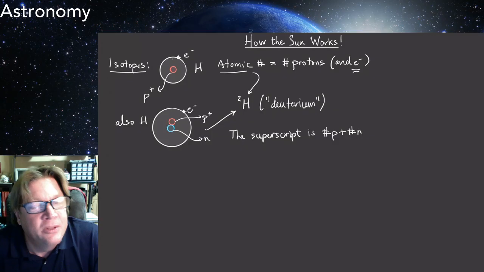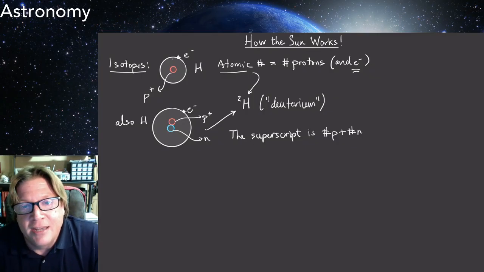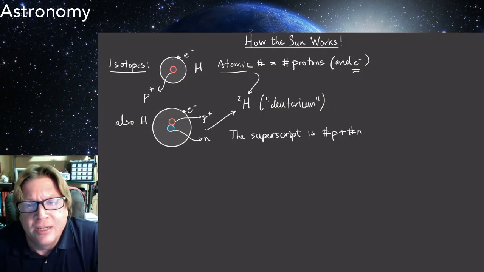You won't find it if you look on the chemical elements. This is what's called an isotope of hydrogen. Iso meaning same, and tope, type, same type. So it's still hydrogen, but this one is so important that we give it a nickname, and we called it deuterium. Du for like duo, because it has 2 particles.